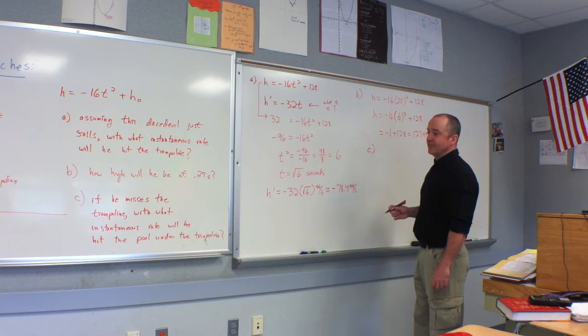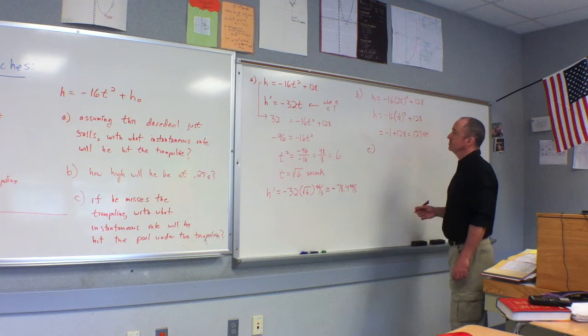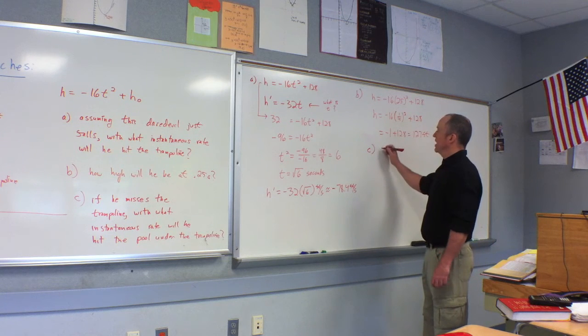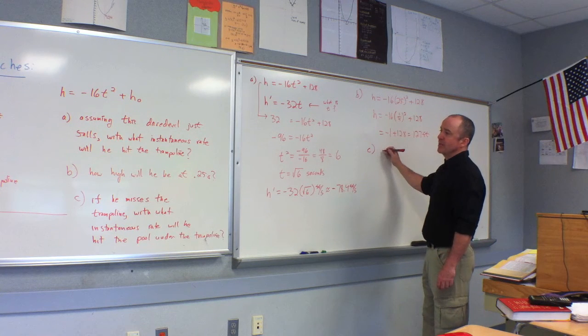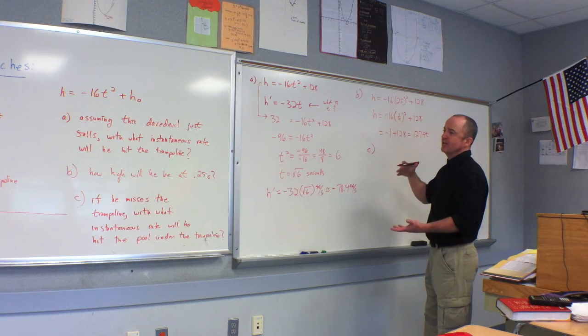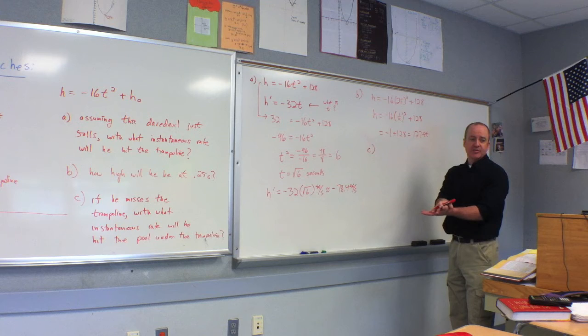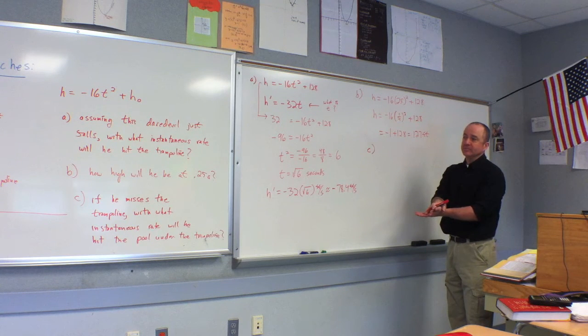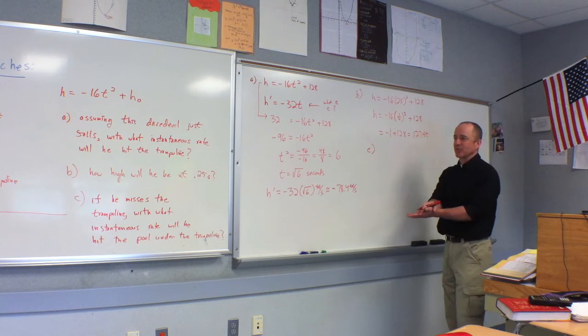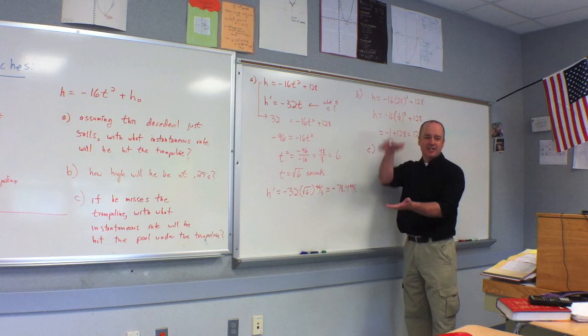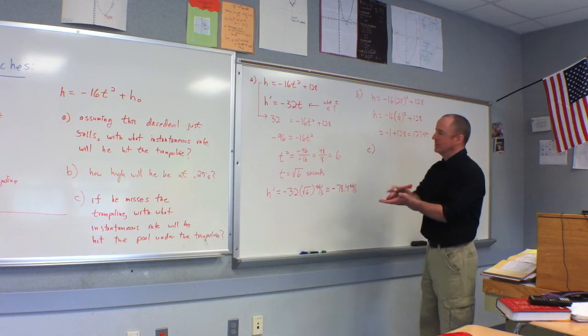Question C: if he misses the trampoline, with what instantaneous rate will he hit the pool under the trampoline? Well, now what we have to do is find the time it takes to fall all 128 feet. Basically, when he's at a height of 0 is when he hits the pool.